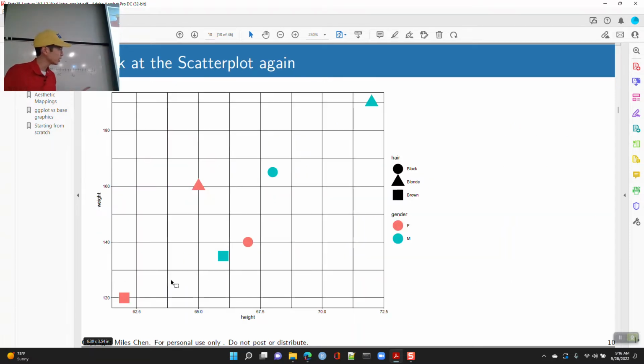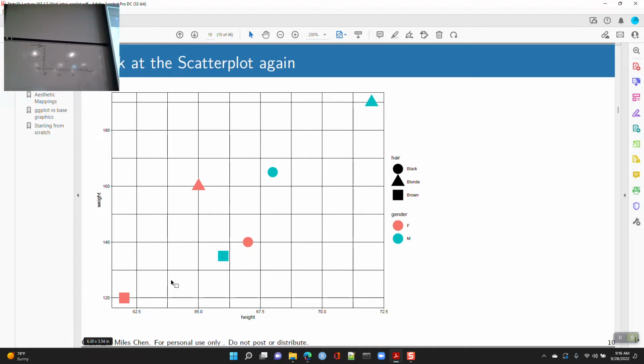Okay, so if I present this graphic to you, and I said, I want you to recreate the data table, all 6 rows and all 4 columns, you are able to do it, right? Because you can look at this point and say, all right, this person has a height of about 67, has a weight of 140, gender female, has black hair, okay?